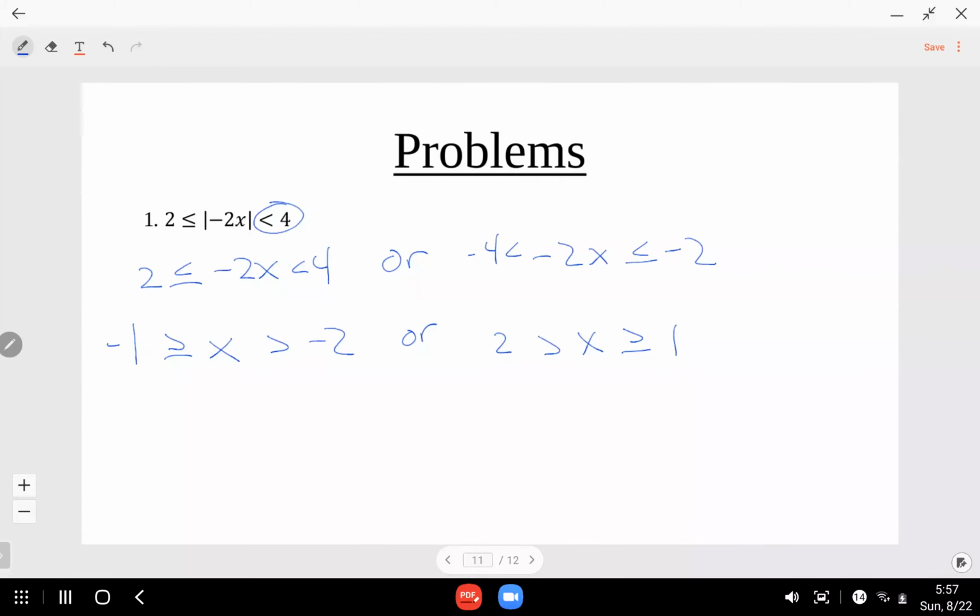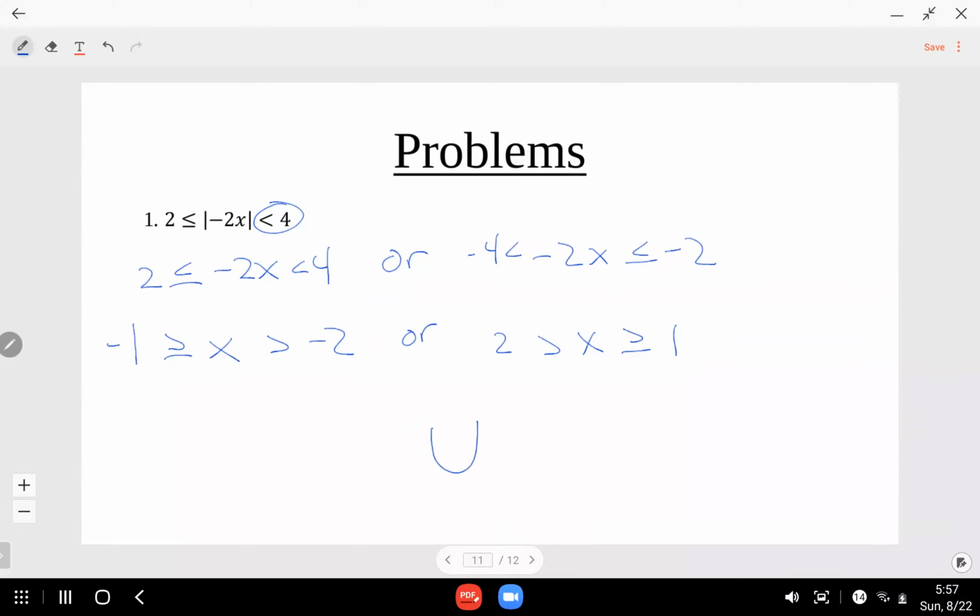Now we are done. How are we going to put this in interval notation? The union sign.